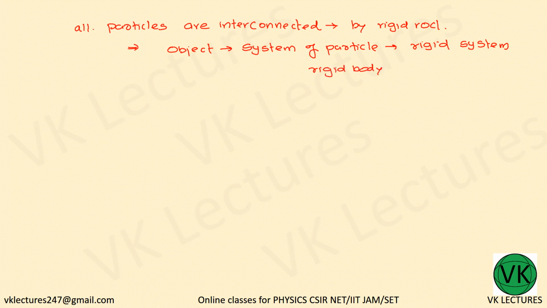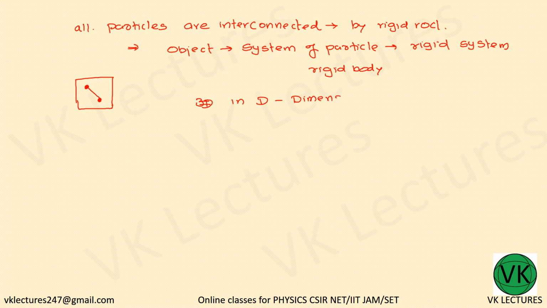That means we consider a system or body rigid if the distance between two points is the same, it does not change. If the distance between two particles in the system does not change, then this is called a rigid body.